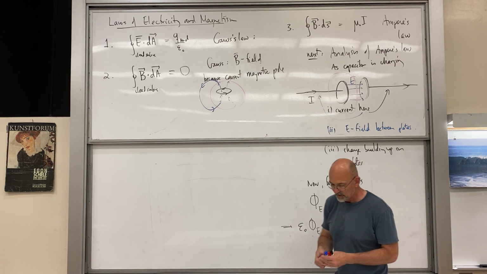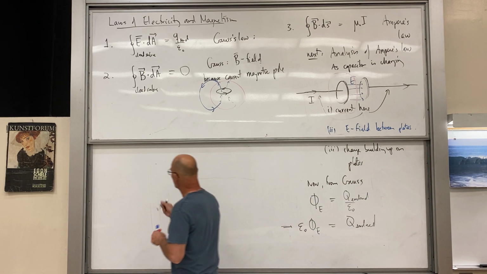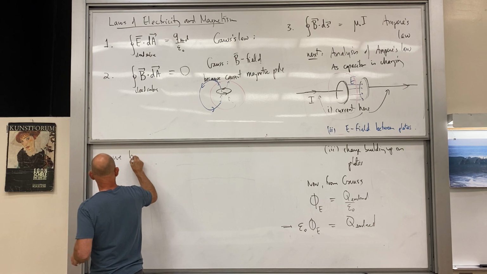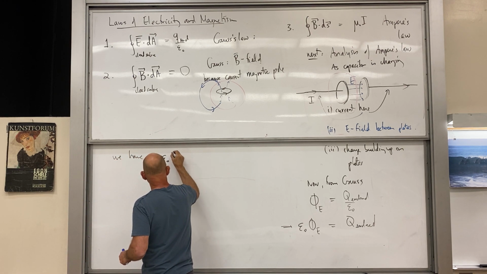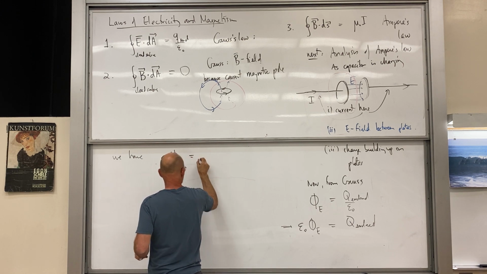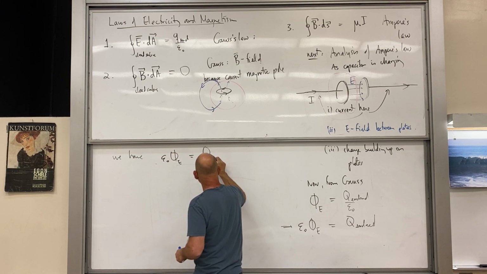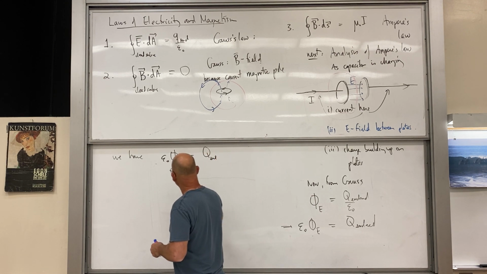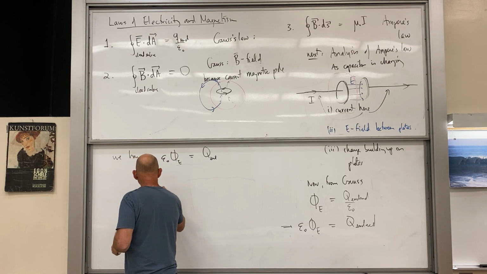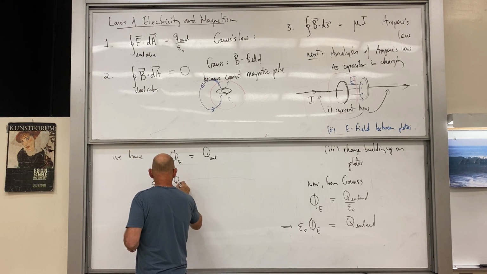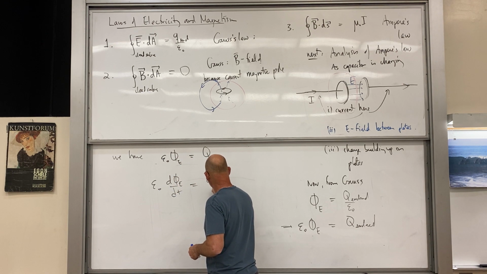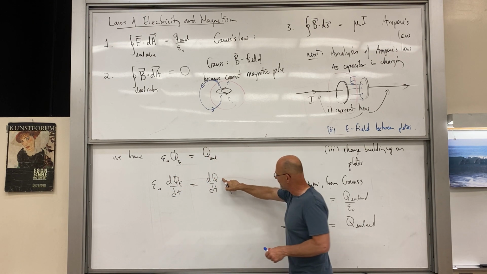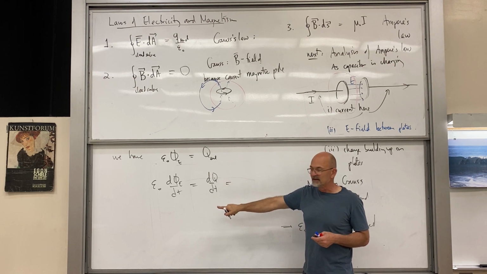Let me bring that over to here. So we have epsilon naught times electric flux equals Q enclosed. If we take a time derivative, we have epsilon naught d phi dt is equal to dQ dt. But what is this? dQ dt is a current, charge per time.